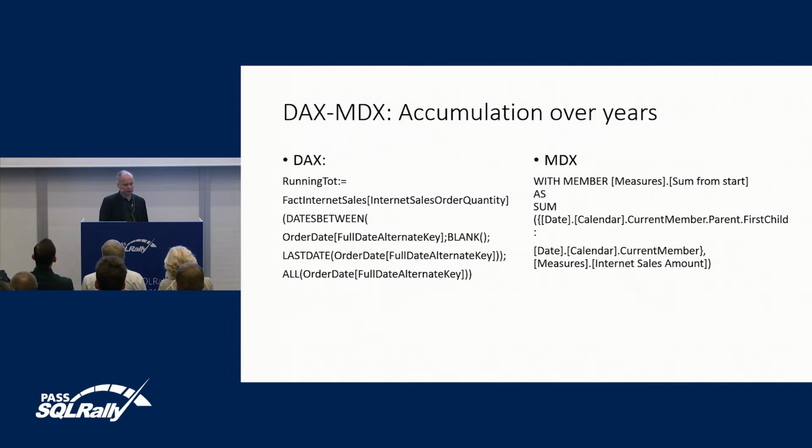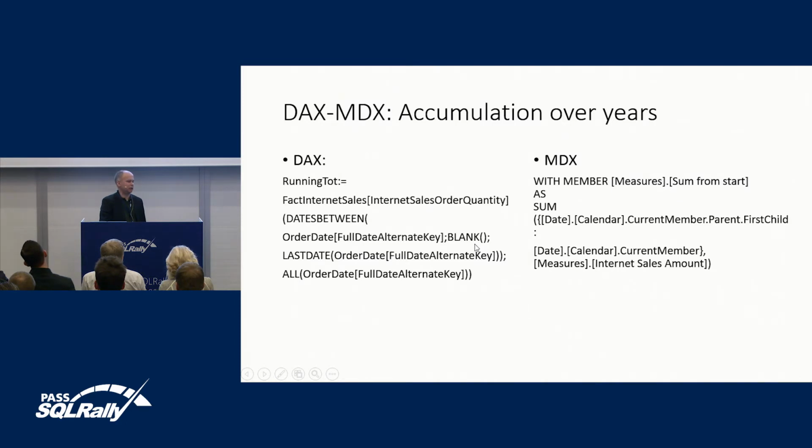And in DAX, you will have to write a little bit more. You will have to use the dates between function here to help you. But it starts, as the previous example, first with a measure here. This is already sum calculated here. And then it's dates between, order date, full date, alternate key, blank.